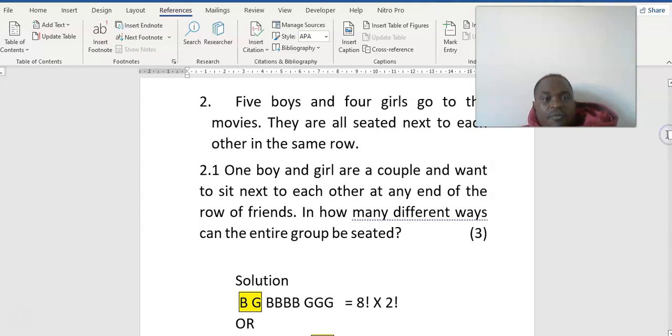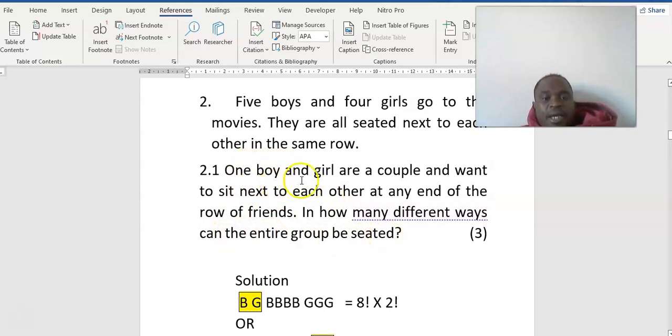Now, if you check, we have 5 boys. The boys 1, 2, 3, 4, 5. 4 girls. The girls 1, 2, 3, 4. They said in how many different ways can the entire group be seated?